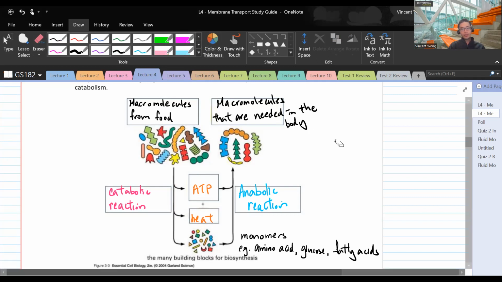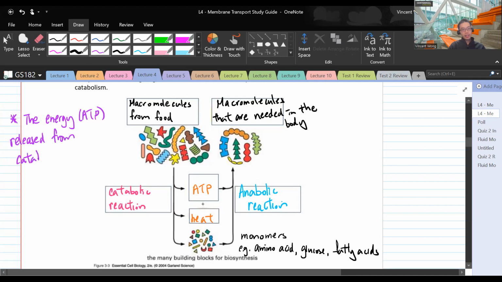So the key thing here to know is that the energy, ATP, released from catabolic reactions, from breaking down your food, is used to drive anabolic reactions.